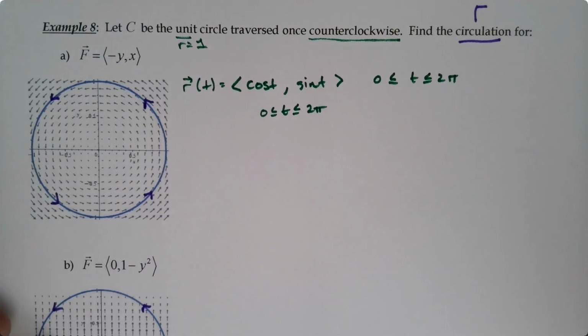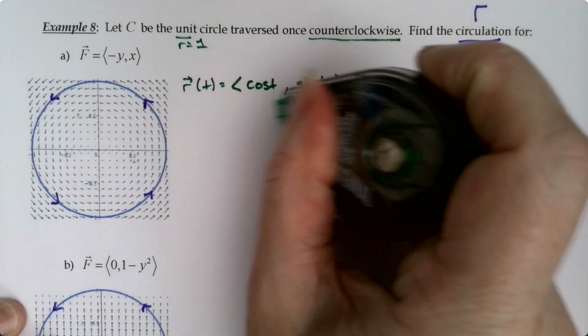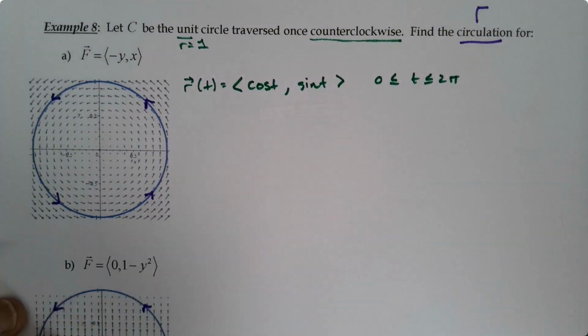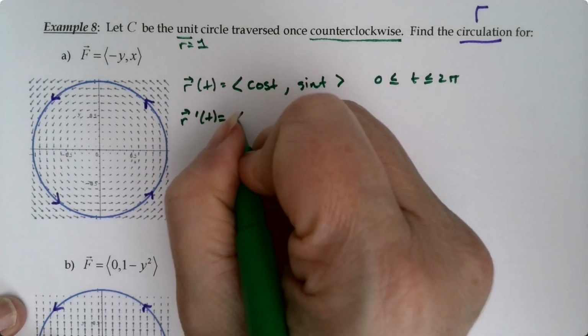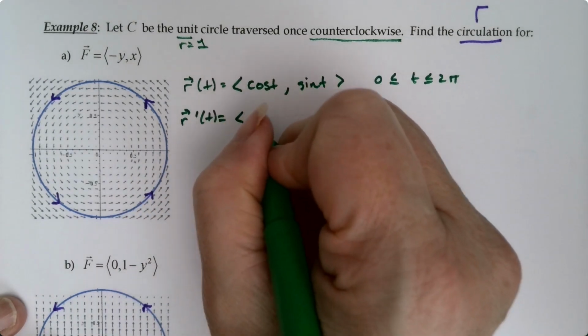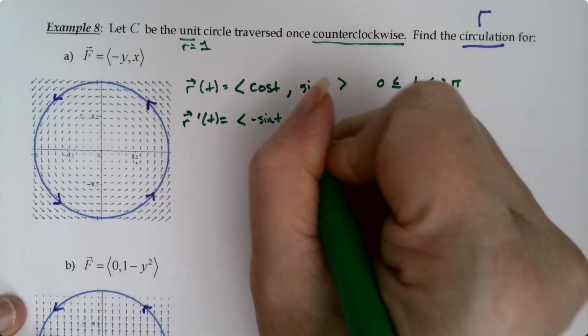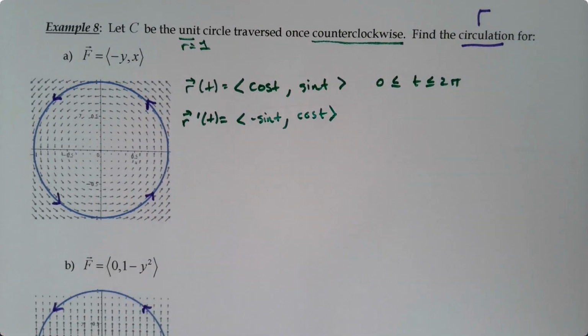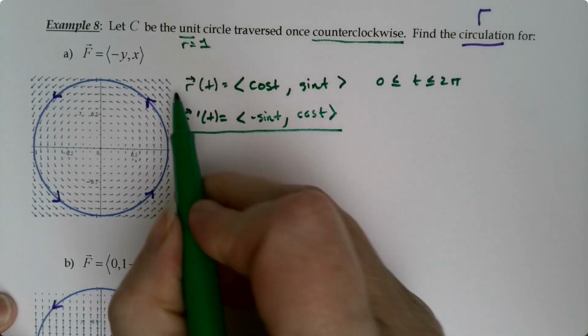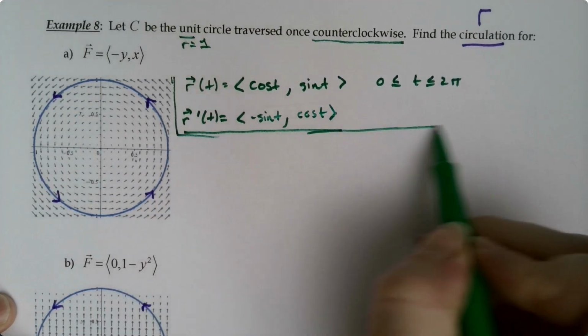Then we want r prime, so we might as well find that right now because we're going to need it. r prime of t is equal to the derivative of cosine, negative sine of t, and the derivative of sine, cosine of t. These two pieces are going to be the same for both parts, so I'm going to box them off because it's the same curve.